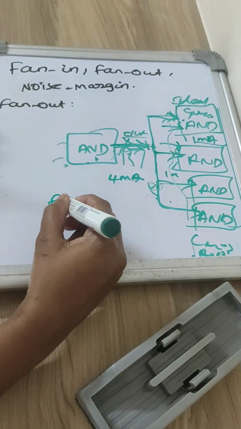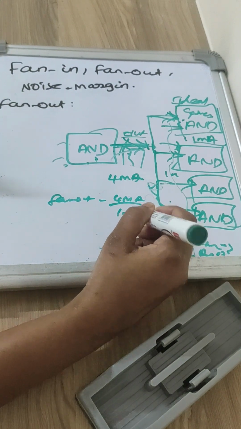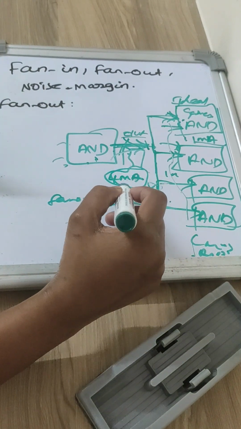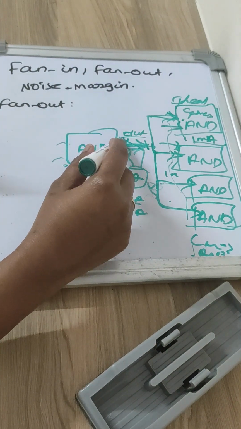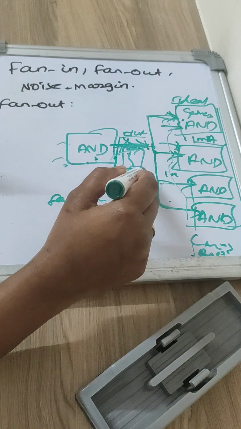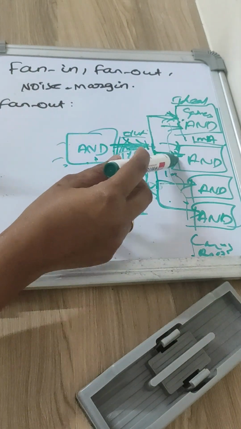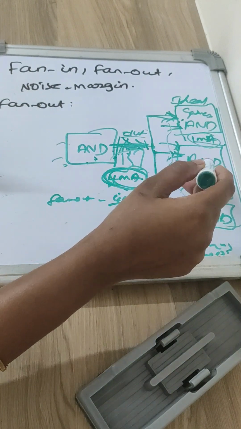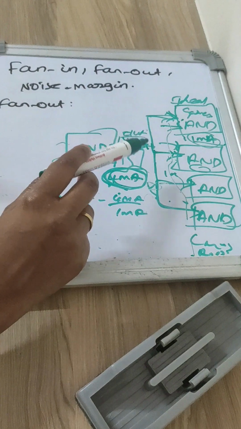So here fan out will be 4 milliamps divided by 1 milliamp. The 4 milliamps is just what I'm assuming here, that this is the output of this one. In the output it will have the drive strength with 4 milliamps of current. So it is driving 4 gates, since each is expecting 1 milliamp at the input terminal.